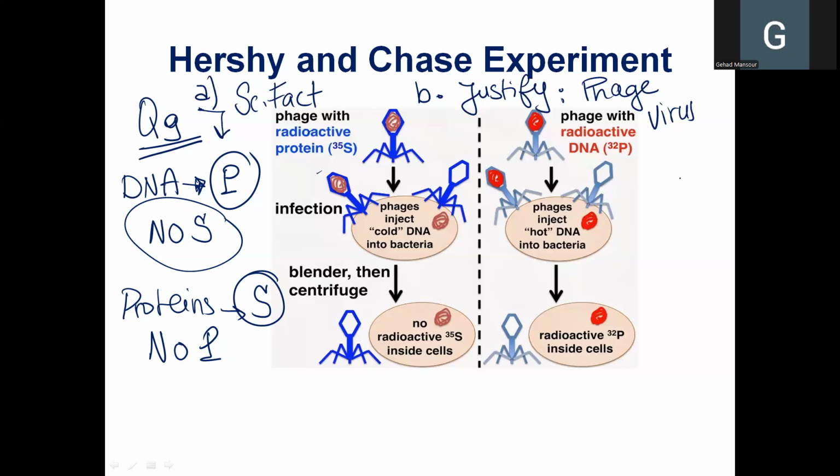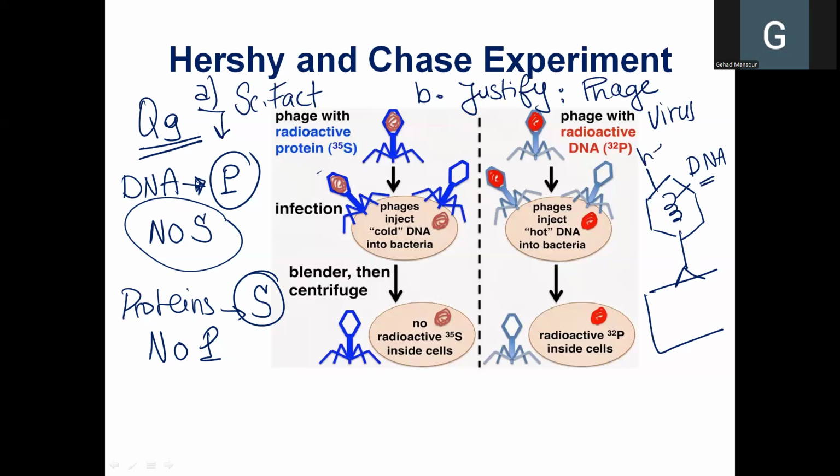The answer is simple, because the bacteriophage is a virus that is capable of injecting its DNA, of course, the bacteriophage is a DNA virus.